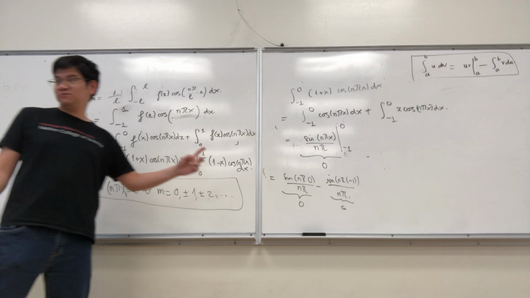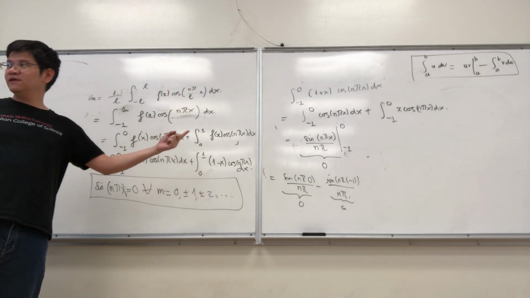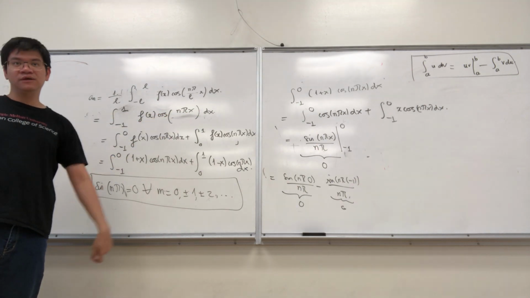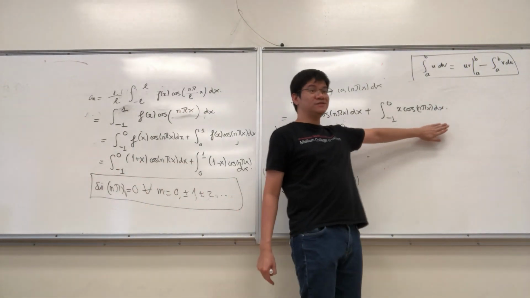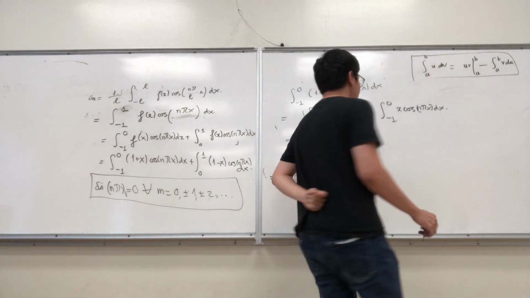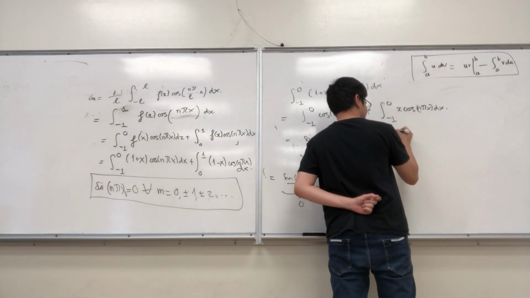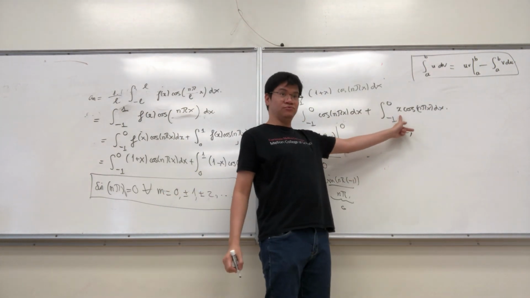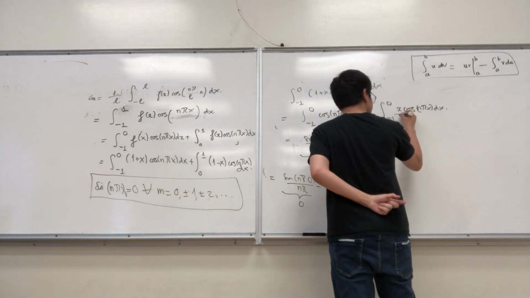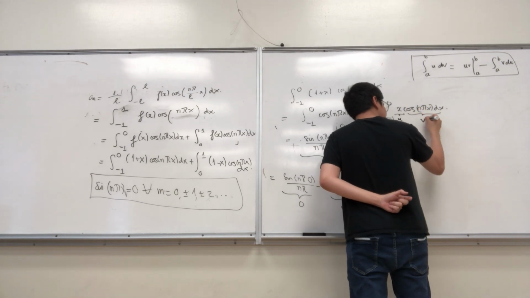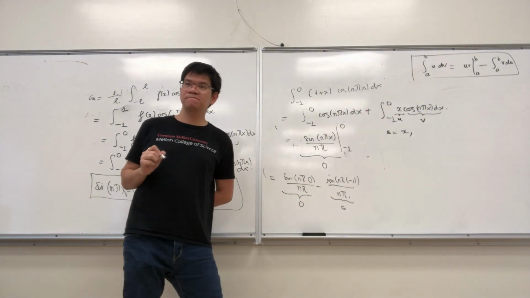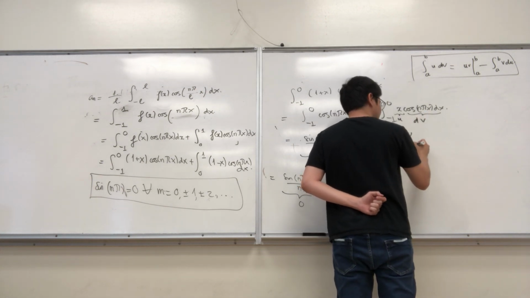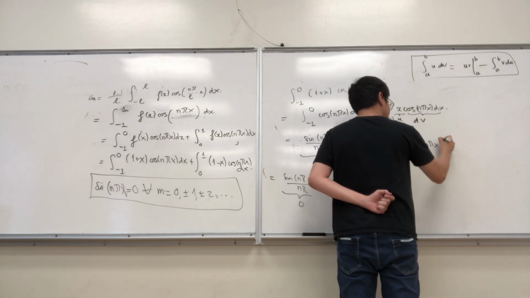So this is the integration by parts. You have u dv, and the integral will be uv minus the integral of v du. So in this case, you're going to do the same thing. u is going to be x, and dv will be cosine of n pi x dx.